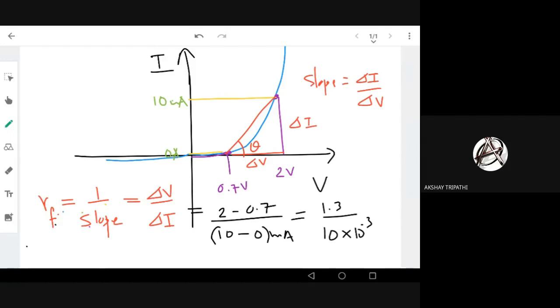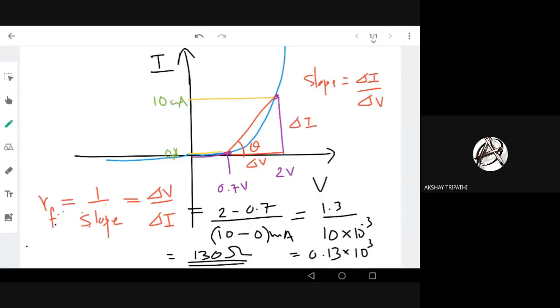So how much will be the resistance? 1.3 by 10 is 0.13, into 10 raised to 3, so the value comes to around 130 ohm. Is it right?